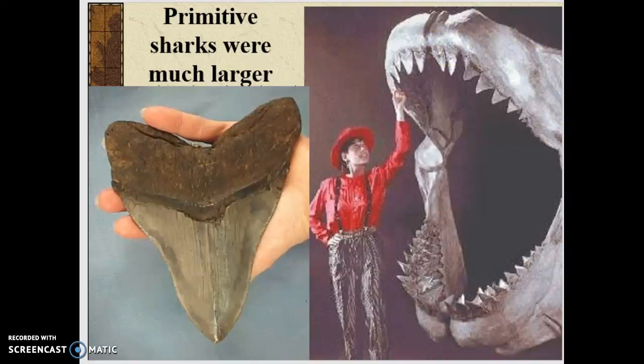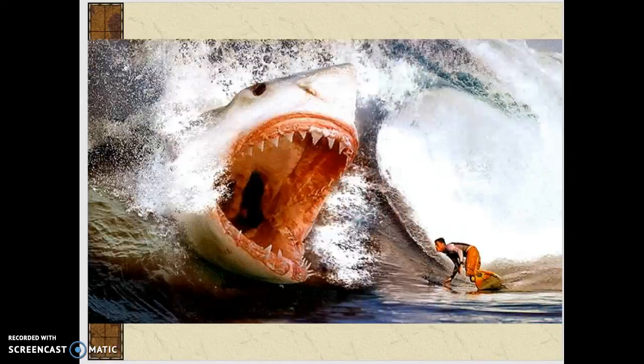They were eating big, gigantic, massive prey items. So if we compared it to a surfer today, this is what Megalodon would look like. Makes a great white look silly. Gigantic, massive marine predators. They were successful. They were adaptable. And they did well for quite a while until things changed.